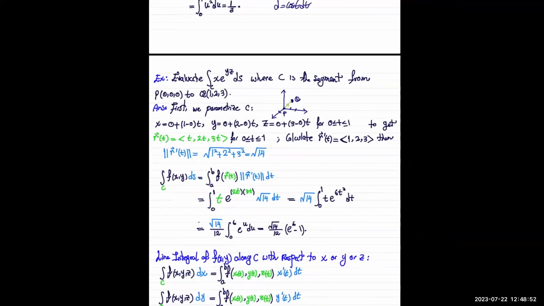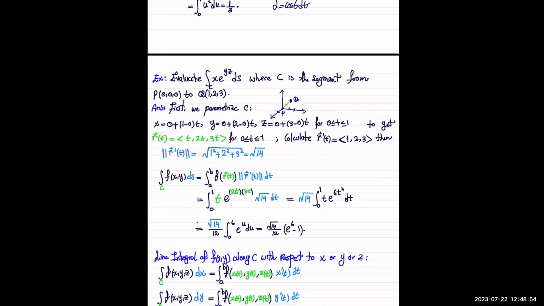So what do we do next? Once you have your r(t), if you don't have it on your own, you have to find it. Next, you want to find the arc length increment ds. If you recall, it is the magnitude of r prime times dt.